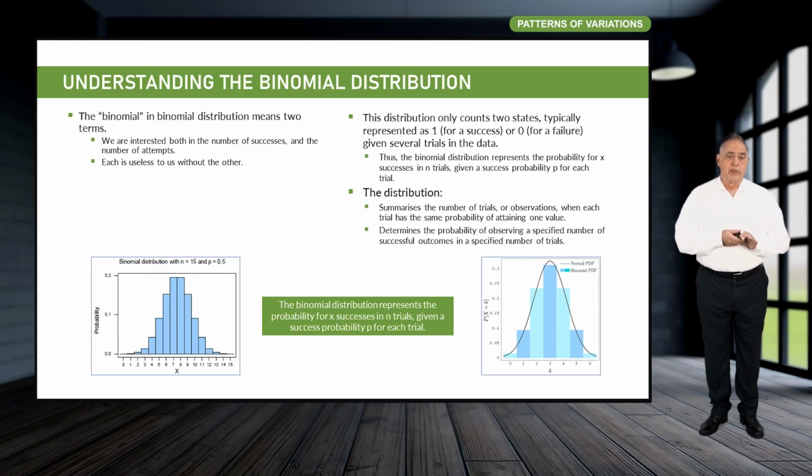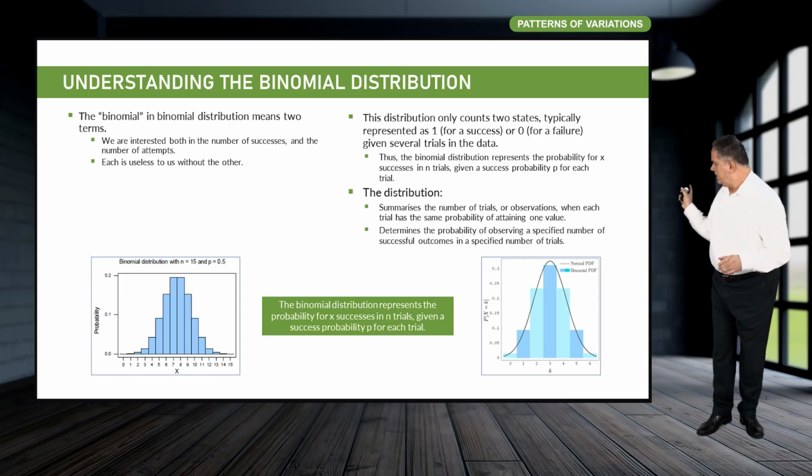Each is useless to us without the other. The distribution only counts two possible states, typically represented as 1 for a success or 0 for a failure, given several trials in the data.